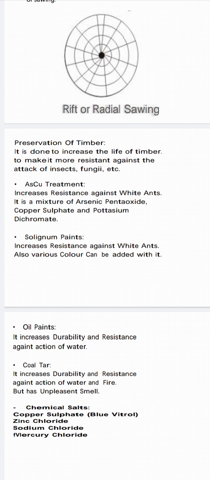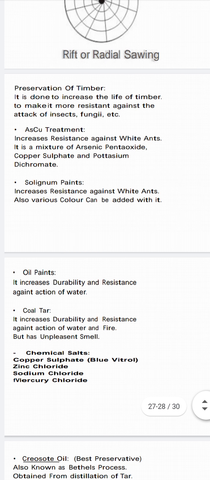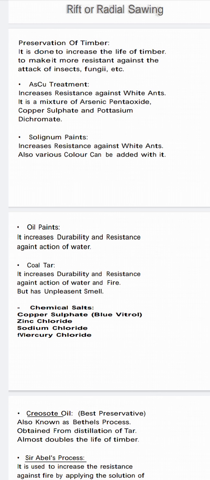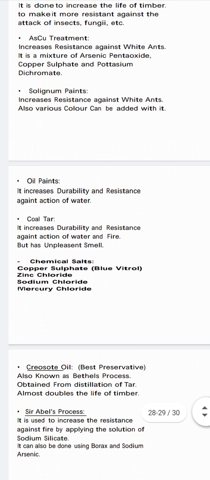Solignum paints increase resistance against white ants. Also various colors can be added with it. Oil paints increase durability and resistance against the action of water. Coal tar increases durability and resistance against the action of water and fire, but has an unpleasant smell.